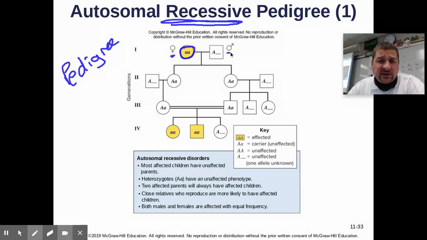If a symbol is shaded in, that means they are showing the condition. So here we see an affected female married to an unaffected male. Notice this one is blank or a question mark, because we're not sure of that genotype. We can't tell from the pedigree.